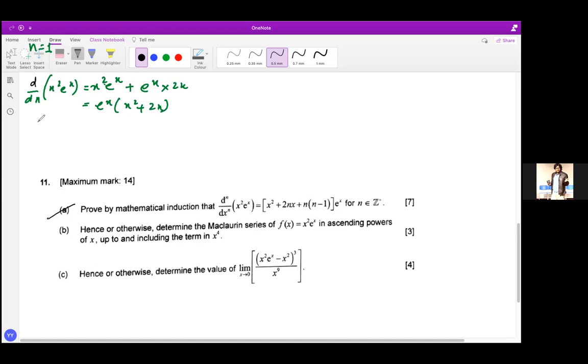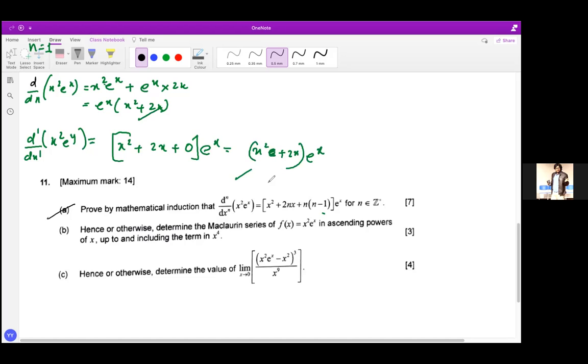Now, according to the formula, if I plug in n as 1 everywhere, it is (x squared plus 2 times x plus 0) times e to the power x, which is (x squared plus 2x) e to the power x, pretty much the same thing as the n equals 1 derivative.